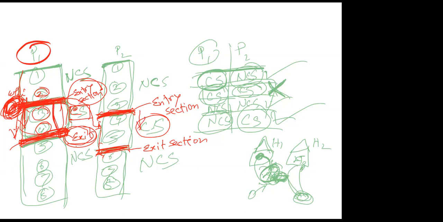This is how you can manage who will enter the critical section. This managing thing is called the synchronization mechanism. There are different synchronization mechanisms you can apply to let a process enter the critical section. There are different kinds of algorithms and mechanisms. We'll learn them one by one.